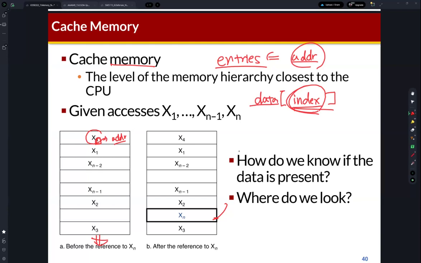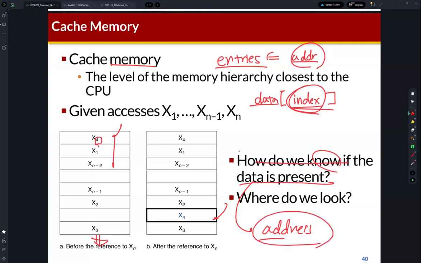So you can think that this is the address of data. When a certain data is stored in a cache, the data can be stored in any entry in a cache. So the data order in a cache is not the same as the address order of data. So how do we know if data is present? That's why we need to also store the address.